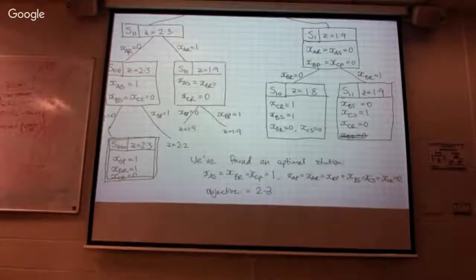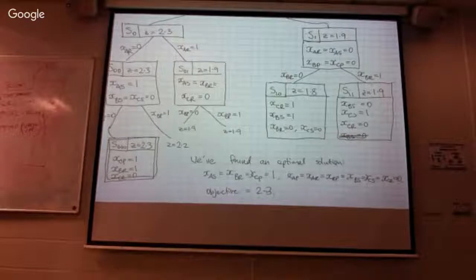It's not so bad because we had 9 binary variables. So there are 2 to the 9th, which is 512 different assignments of zeros and ones to those 9 variables.